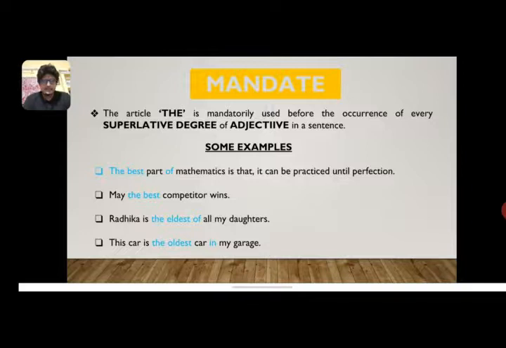Radhika is the eldest of all my daughters. The car is the oldest car in my garage. Now see, I have highlighted of in the first sentence, again in the third sentence, and then in the fourth sentence. I'm going to give you another rule on the next screen.